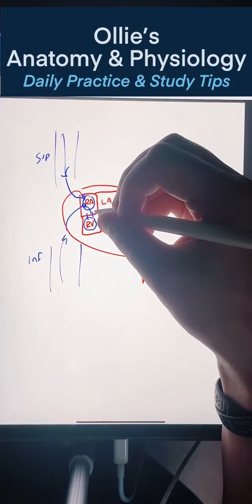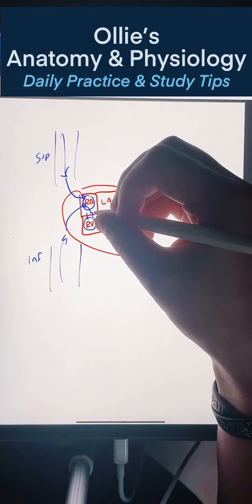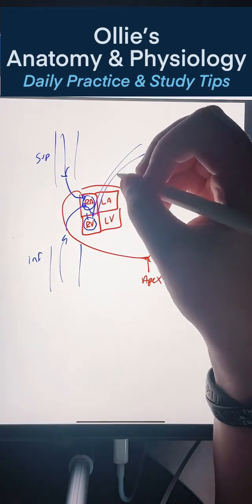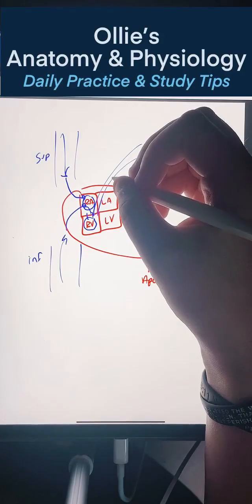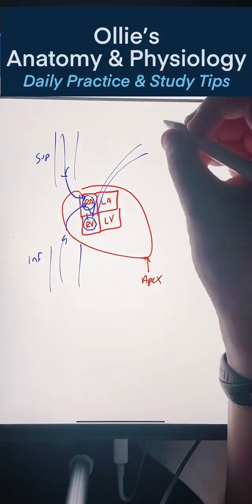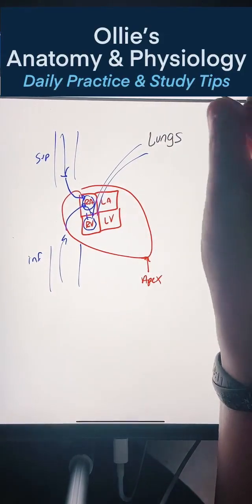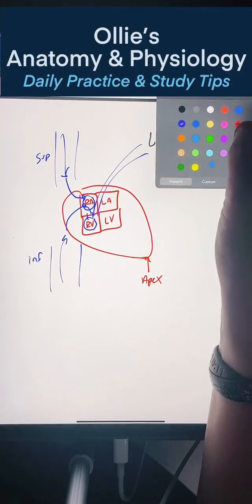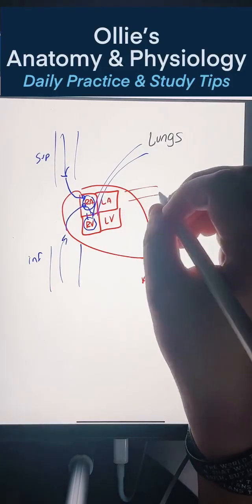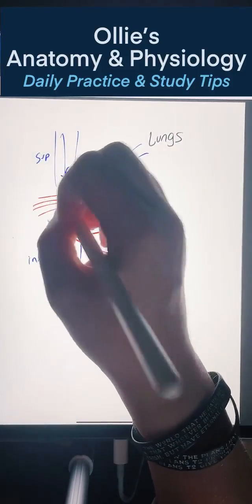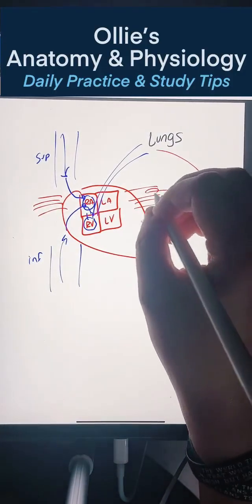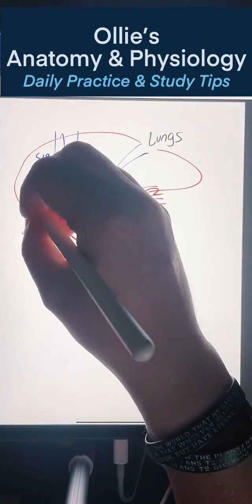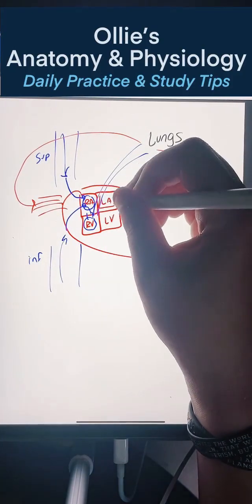And then from the right ventricle, we have to get our blood oxygenated. So we have an artery called the pulmonary artery, remembering that artery means away, and this is going to go towards our lungs, where gas exchange will occur, CO2 will leave, and then it will become oxygenated. And then we have the pulmonary veins. That oxygenated blood is going to return to the left atria.